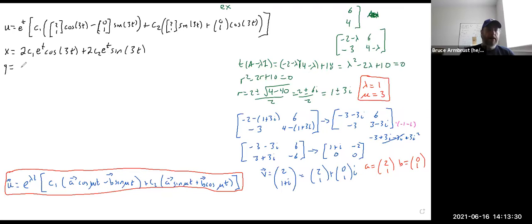And then y is going to equal c1 e to the t cosine of 3t, minus c1 e to the t sine of 3t, plus c2 e to the t sine of 3t, plus c2 e to the t cosine of 3t.